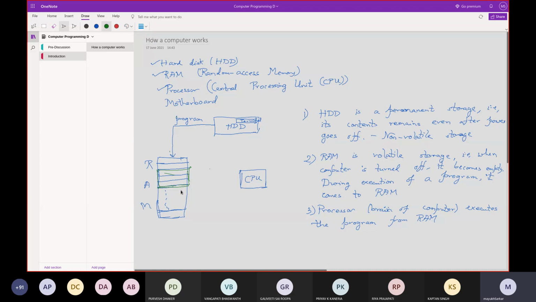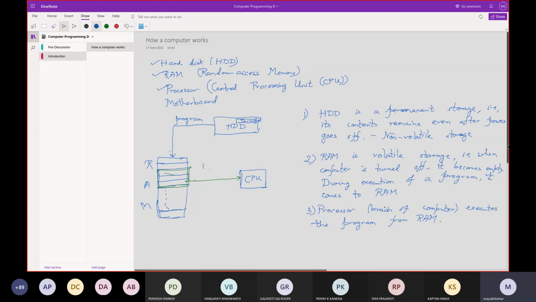So suppose the program, maybe that terminal, has come here in this part of the RAM. What the CPU or the processor will do is that it will take from the RAM the content of each row. It has a name that is called instruction. Let me write this out.